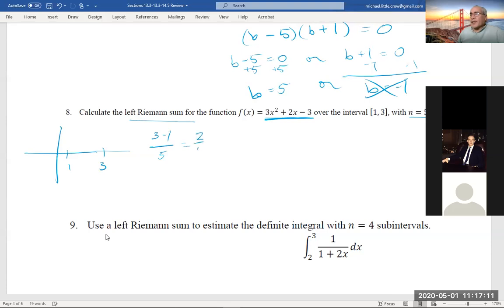We get 2/5, which is 0.4. So what that means is we're starting here at the left. Whatever that function looks like, we're going to make a Riemann box going from 1 until 1.4. At 1.4, we're going to get another Riemann square.